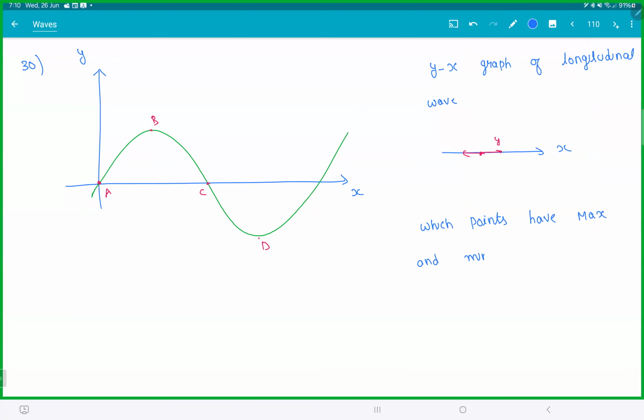It's a good question. Give it a try. So I gave you a displacement versus X graph and I'm asking you to find the pressure.